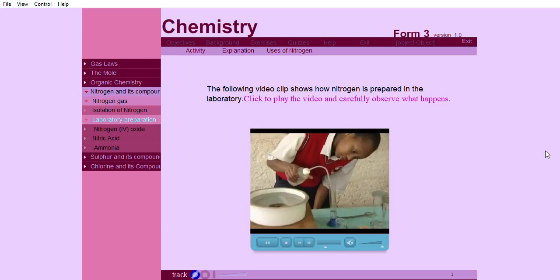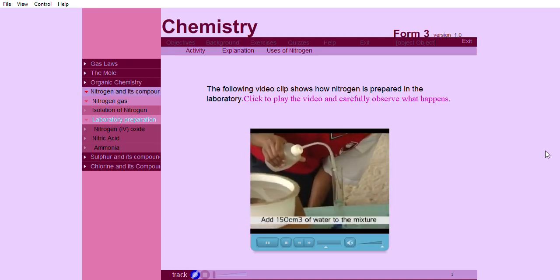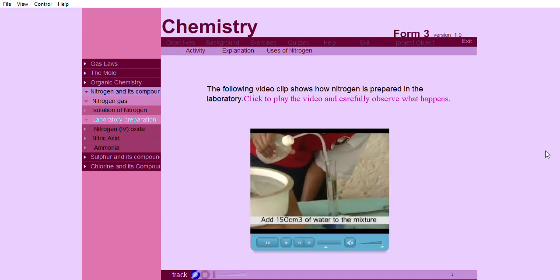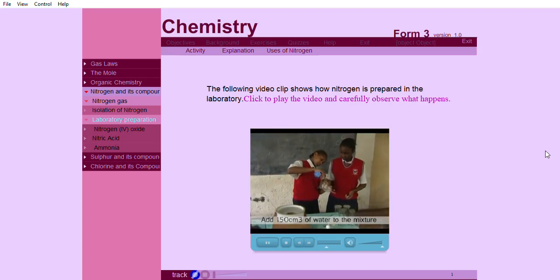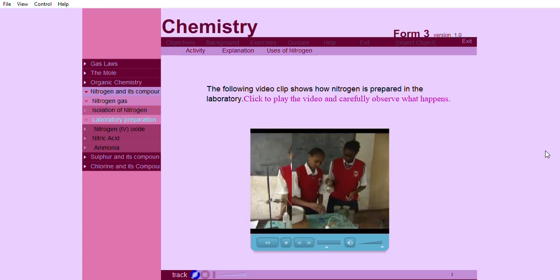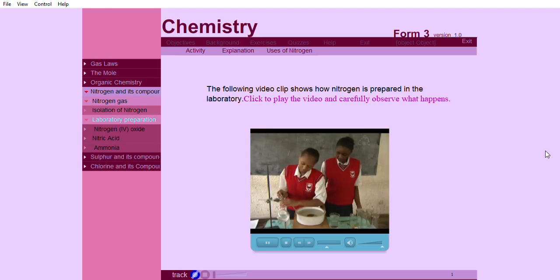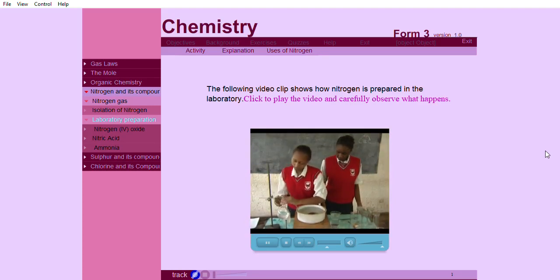And add 150 centimeters cubed of water. Clamp the round bottom flask on a stand in a slanting position.